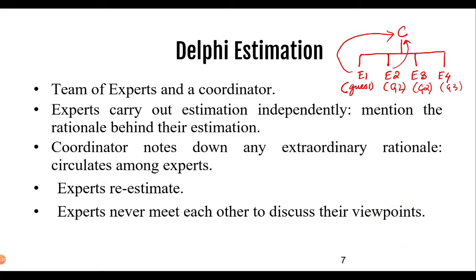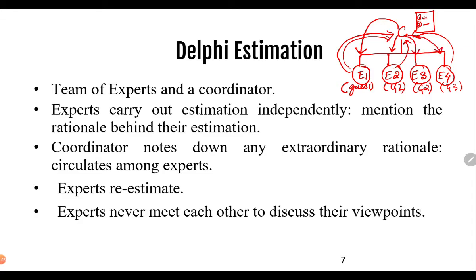That means after each of the experts has given their views on the project, they will report back to the coordinator, and the coordinator will make a note of certain things related to the project. Maybe some points that all the experts have said will be similar. So similar things will be noted down, and again the coordinator will send the reports to the experts.